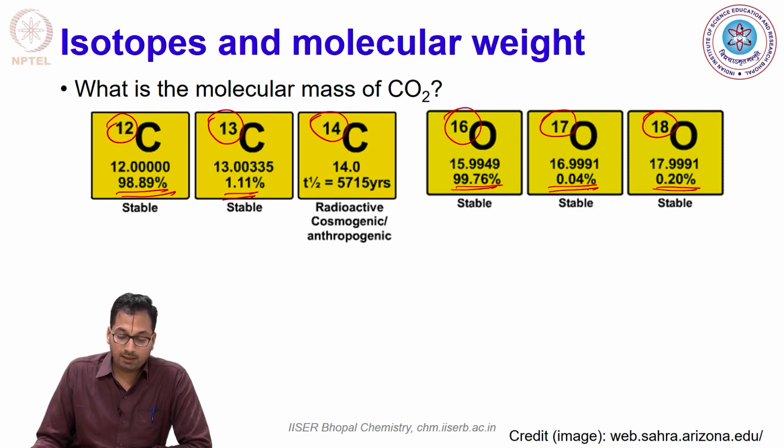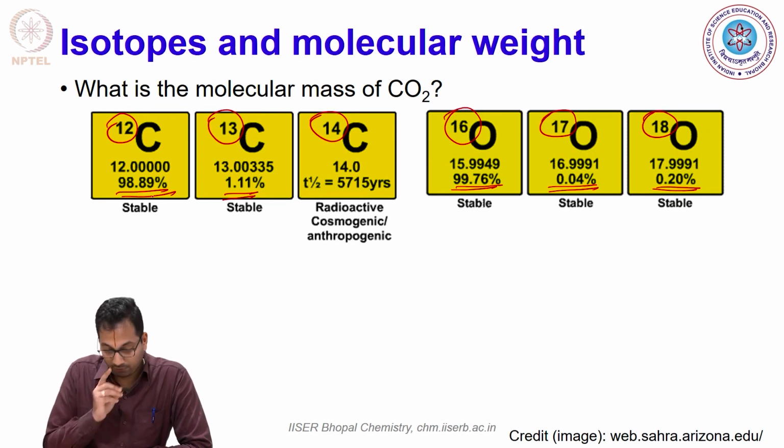The previous slide showed you the calculation of molecular weight, assuming that the isotope of carbon is C12 and that of oxygen is O16. Now let's take a look at what if we consider the population weighting.